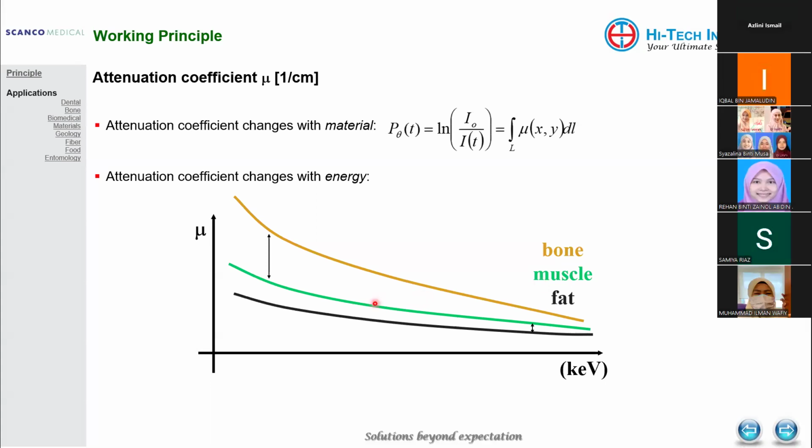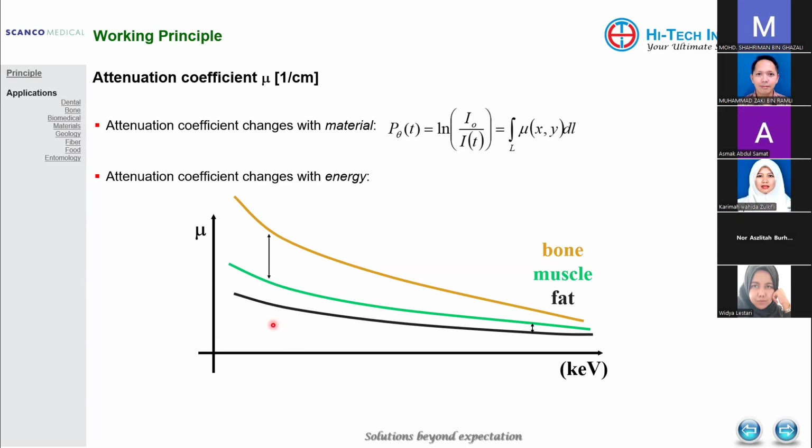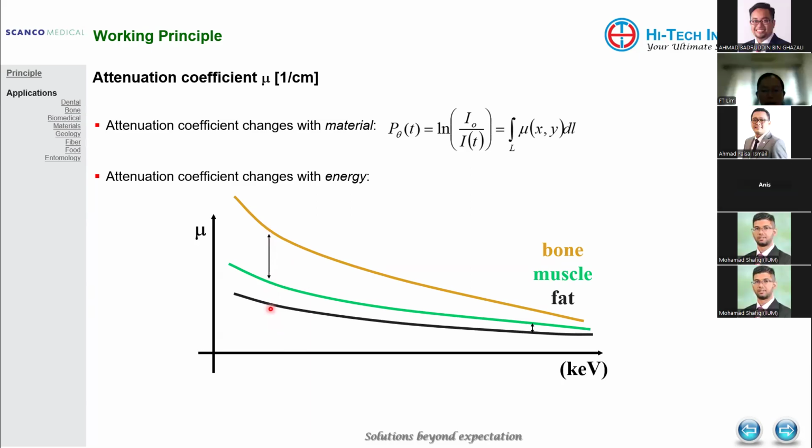But if you're looking at fat, muscle or very soft tissue, you should lower the kV so that you get good contrast to differentiate between the fat, the muscle, or even very soft tissue, without injecting a contrast agent. So with a lower kV, you are able to get good contrast, especially on soft tissue.